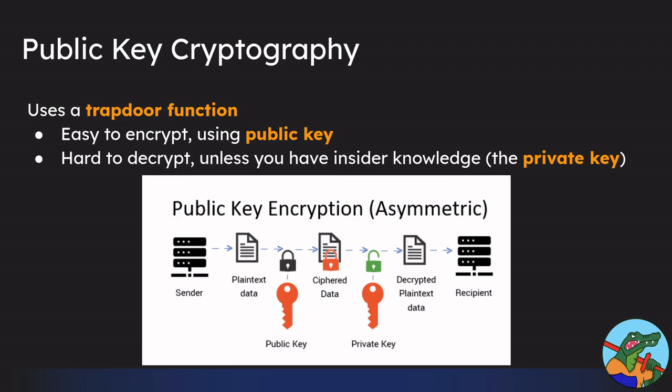So one way that we can authenticate is by using cryptography. The idea behind public key cryptography is that we have something known as a trapdoor function.